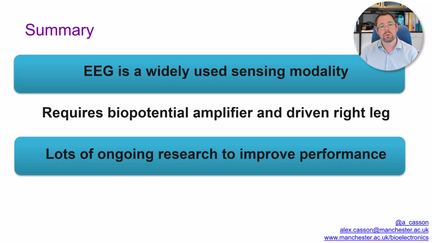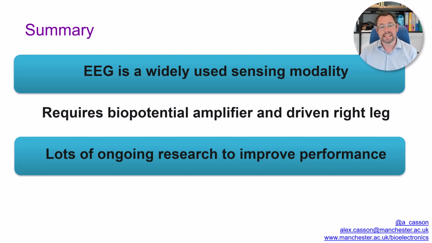And that is all that I wanted to go over in this lecture. So we've seen fundamentally what the EEG is, and then had a look at the main parts of an EEG system. That is the electrodes and some of the choices and trade-offs available there, and then the instrumentation, and tried to gain some understanding of how it is actually working. And then we concluded by having a look at some of the future directions.